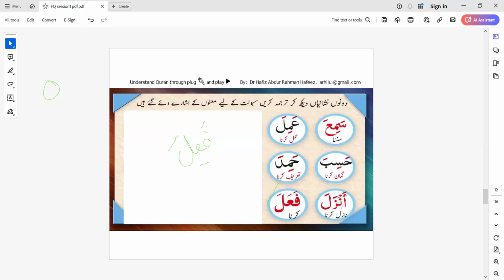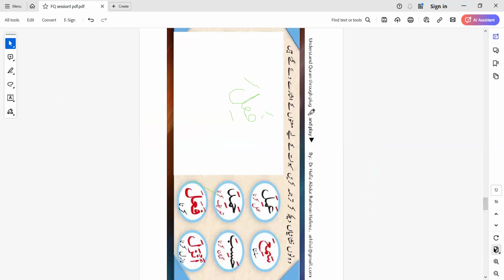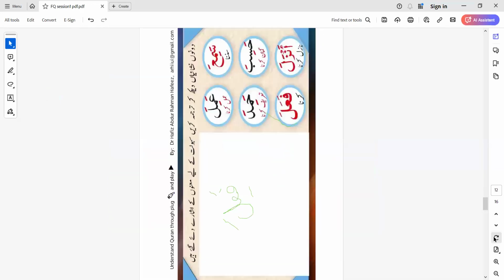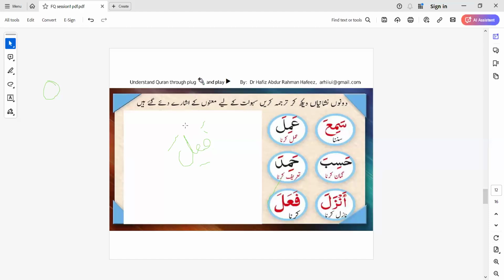And Anzala is sent down, is sent. So there are four letters you can see, but still three fathas. Still, because some root words have four letters and some root words have three letters, and 90% of Arabic root words are three letters.